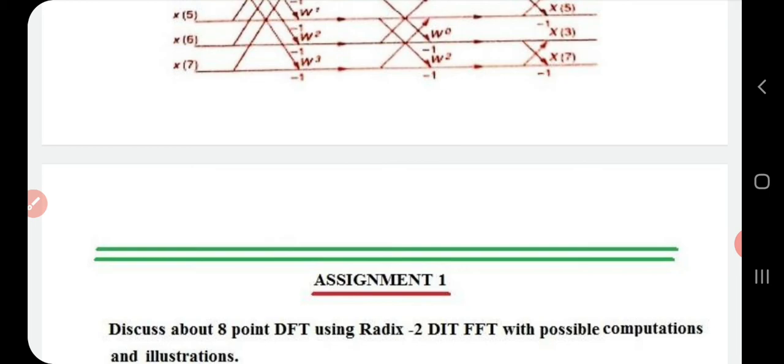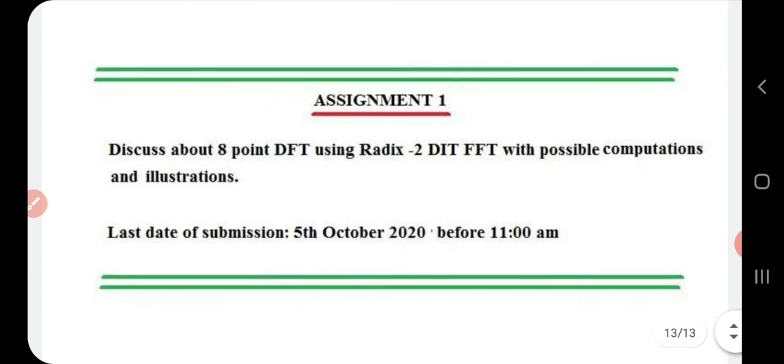Now this is your assignment, the last topic of this unit, DSP techniques, unit 2. Discuss 8-point DFT using radix-2 DIT FFT with possible computations and illustrations. For this you can go to Google search, or refer to some Google Books.